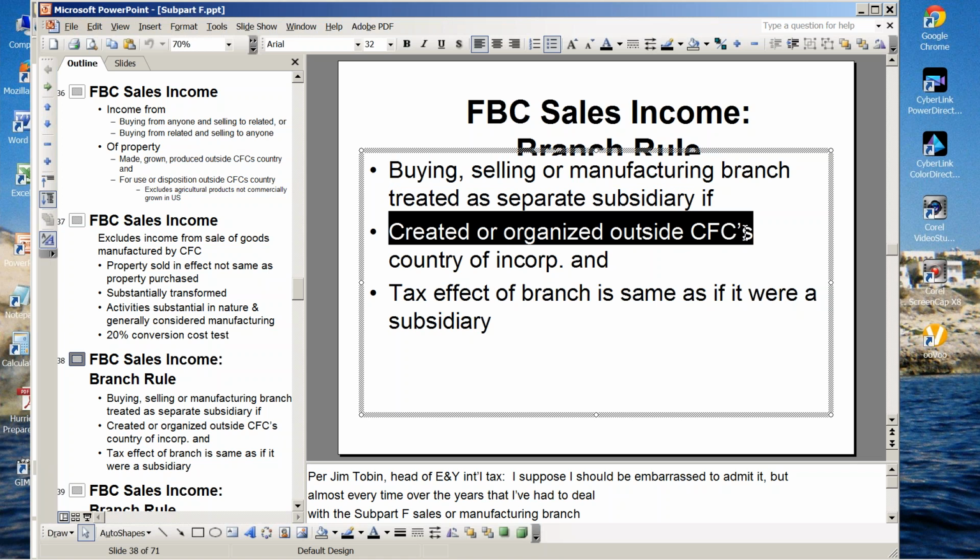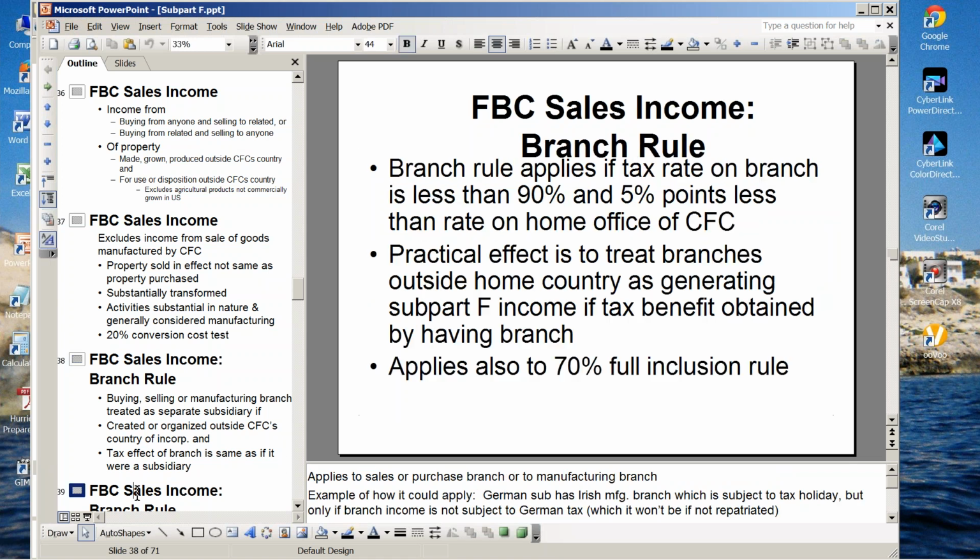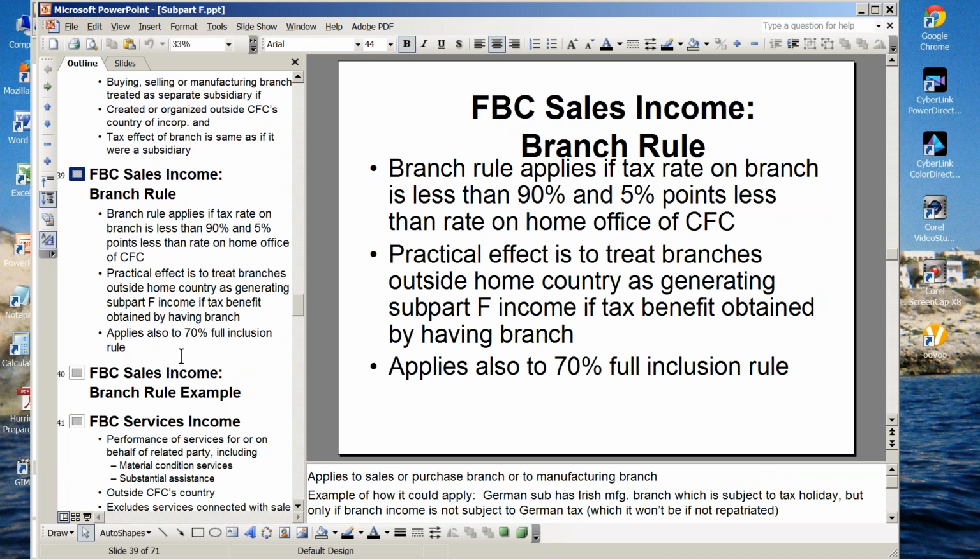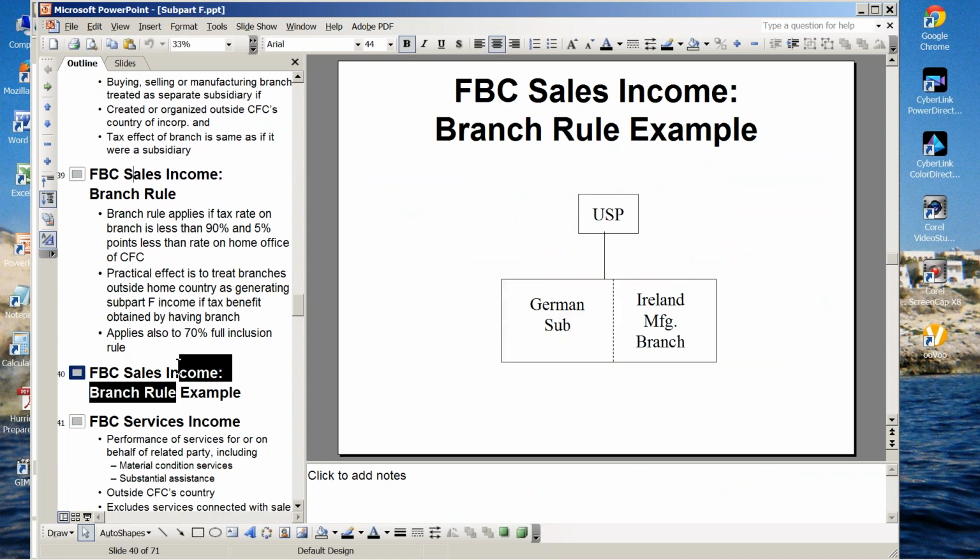If I have a German, hold on just a minute, doing a picture here. If we have a German sub that has an Ireland manufacturing branch, then we're squarely within that fact pattern for the branch rules.